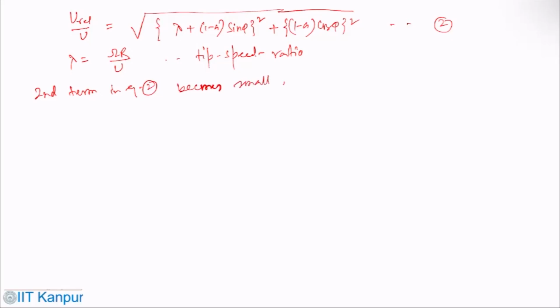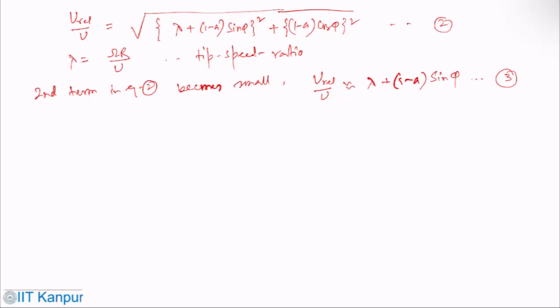So what we can write is U rel by U approximately equals lambda plus (1 minus a) sin phi. Okay, that's what happens. So let's say this is equation 3.